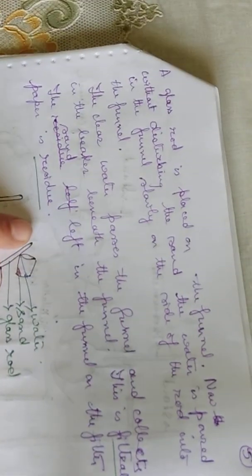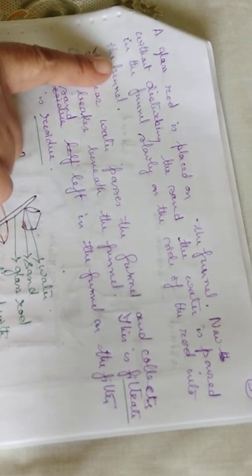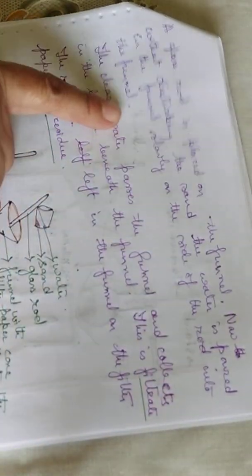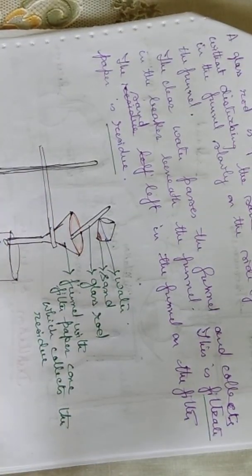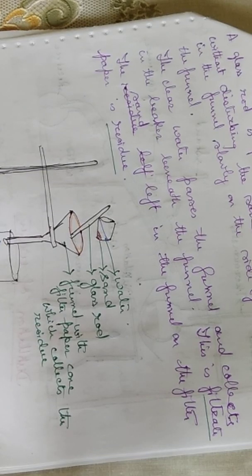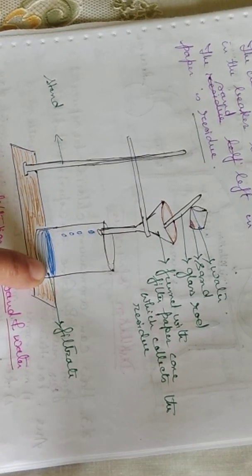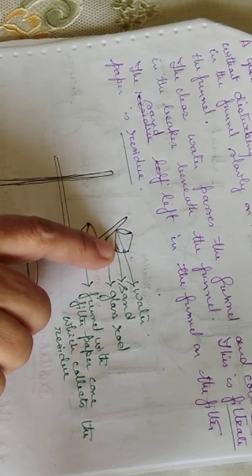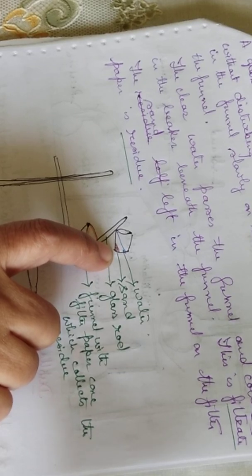Now a glass rod is placed on the funnel. Without disturbing the sand, the water is poured into the funnel slowly along the rod. The clear water passes through the funnel and collects in the beaker beneath. This water which has passed down into the beaker is the filtrate. The sand which was left behind before pouring was the sediment.